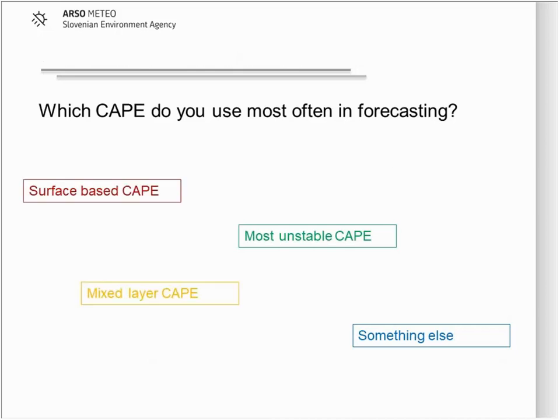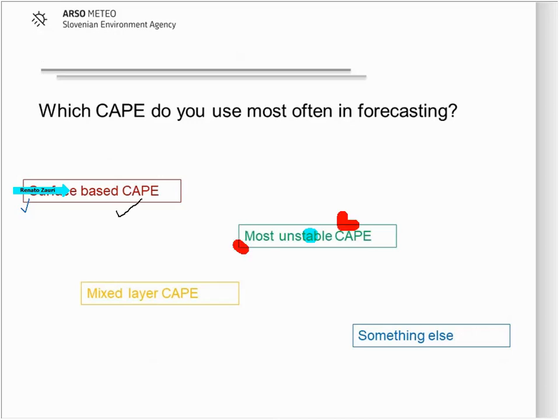So I want to ask you, just shortly annotate here: in your forecasting work, which CAPE do you use most often? I saw yesterday that there are some forecasters among you, some researchers, but probably all of you have been in contact with CAPE somehow.